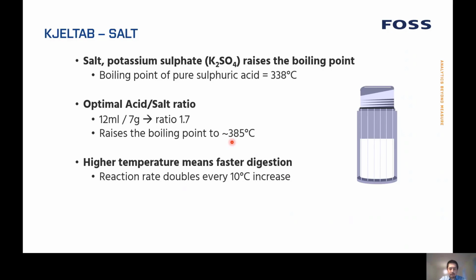According to some studies, every 10 degrees of increase doubles the reaction speed. So here we increase the temperature by close to 50 degrees, which is quite a large increase in speed. In the traditional method, the reaction takes several hours, 3, 4, or 5 hours, but in our block digestion, you can get the reaction done in 1 hour for normal sample types.